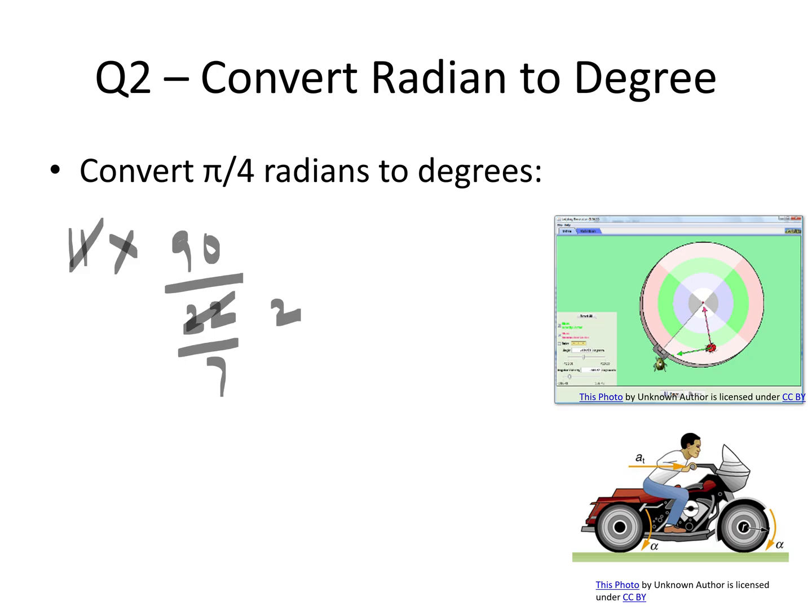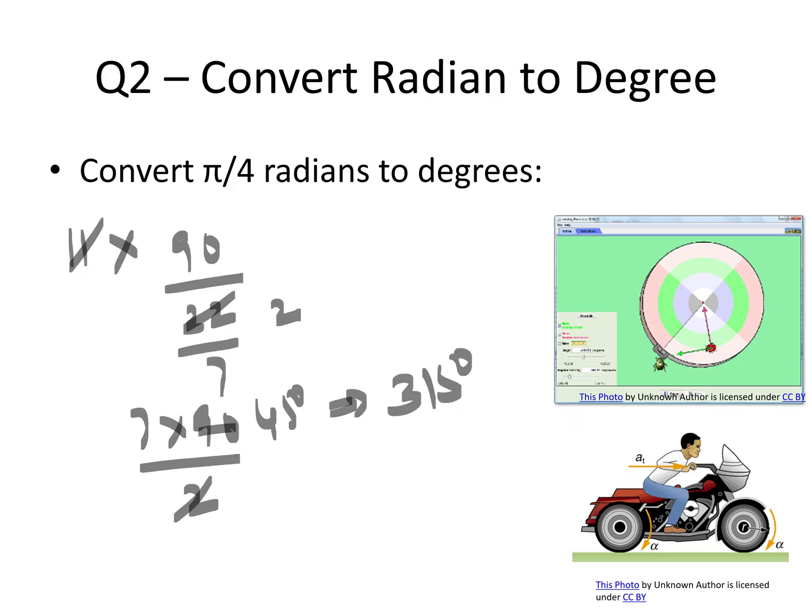So 7 into 90, that means 315 degrees I am getting. Okay. I got the complete degrees.